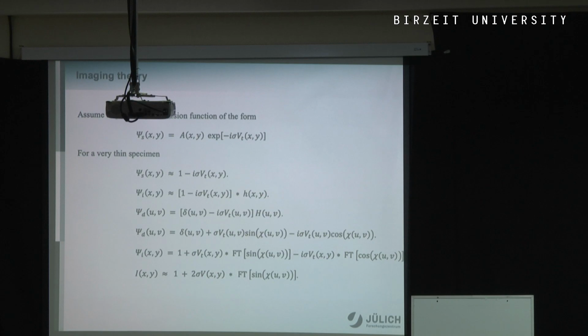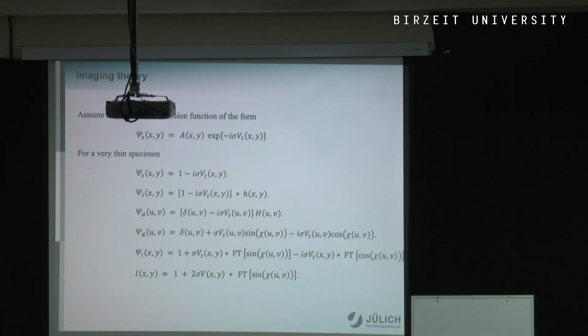And if you then expand the exponential e to the i chi as a cos plus i sine, and then convert back into real space and evaluate the image intensity as the electron wave function times its complex conjugate, you get an expression for the image intensity, which is approximately, for a thin specimen, 1 plus 2 times a constant times the projected specimen potential times the Fourier transform of sine times the aberration function.